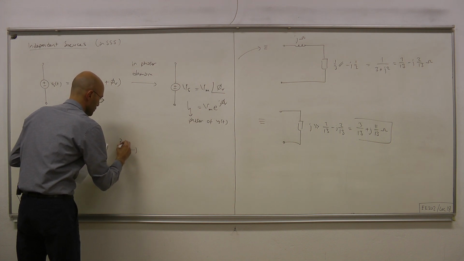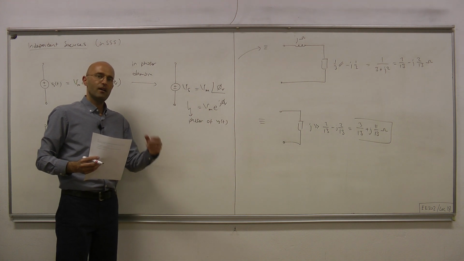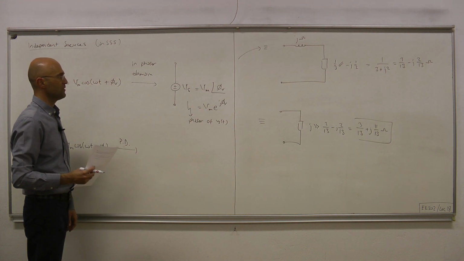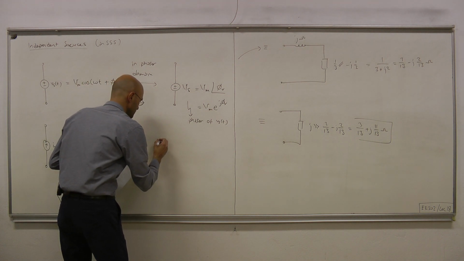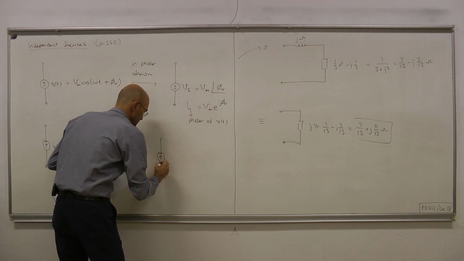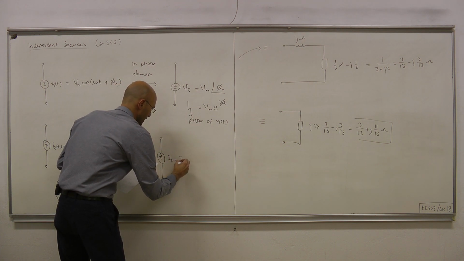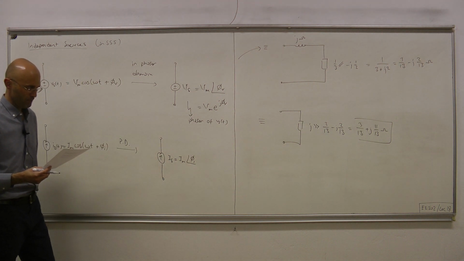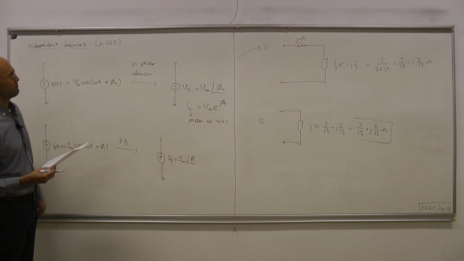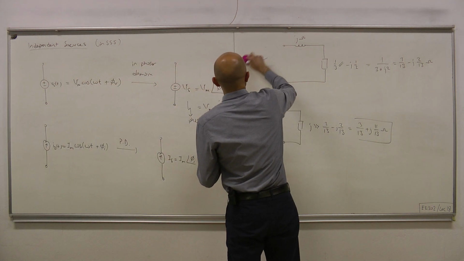In phasor domain, this component can be represented by a constant, the phasor of this signal, capital Is, which is Im e to the j phi i. There's nothing much interesting regarding independent sources.